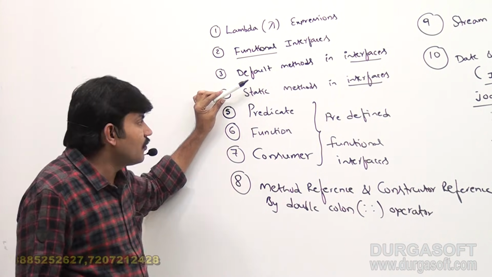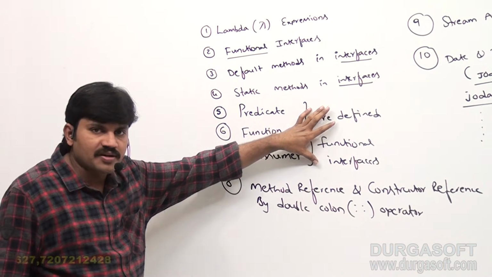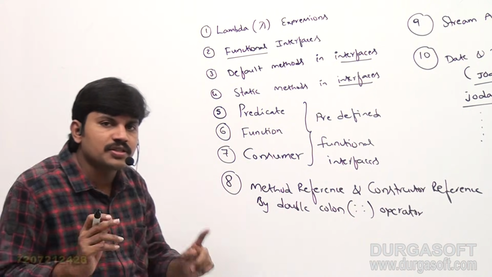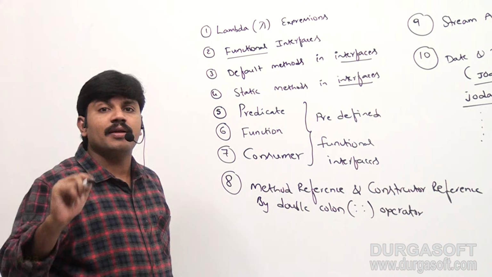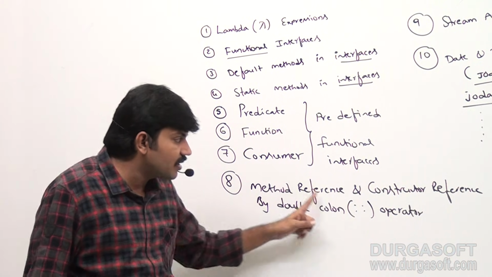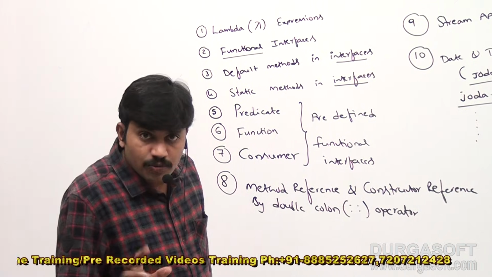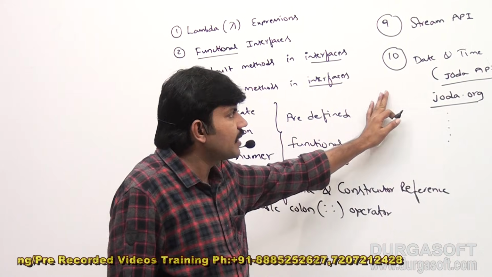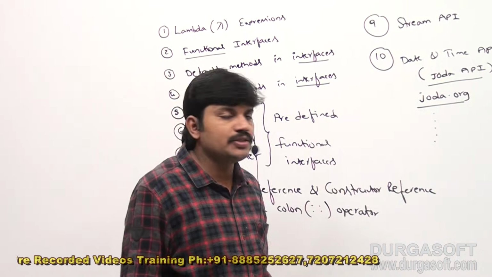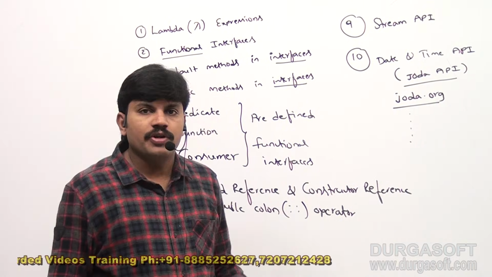After that we will talk about predefined functional interfaces like predicate, function, consumer, how we can use these with lambda expressions, and then the double colon operator, how to use method references and constructor references. Next topic, stream API, the most valuable concept. Next, the date and time API, which is also known as the Joda time API.